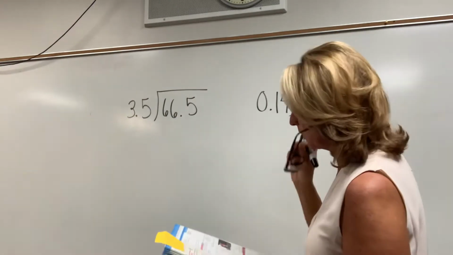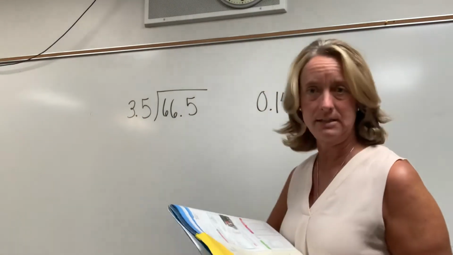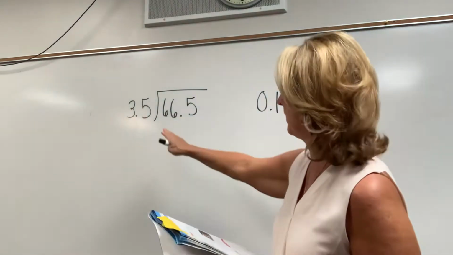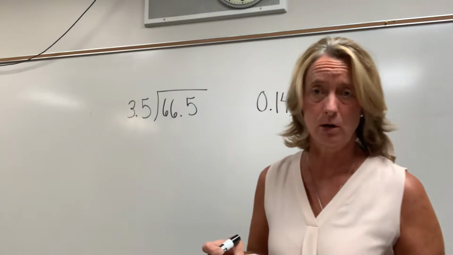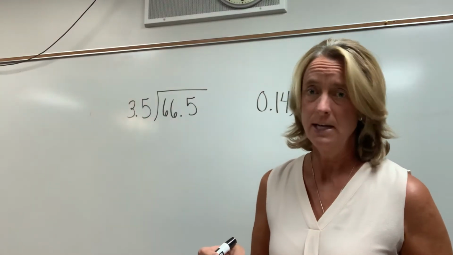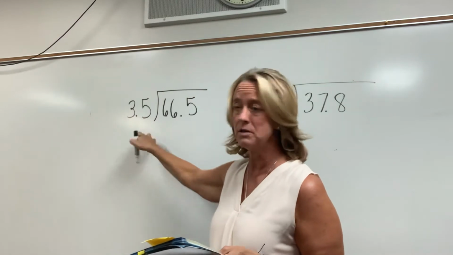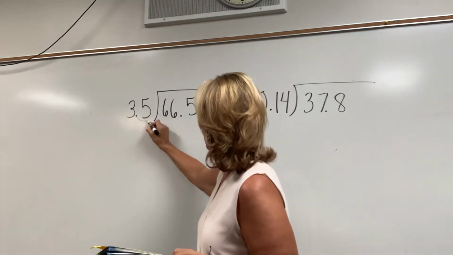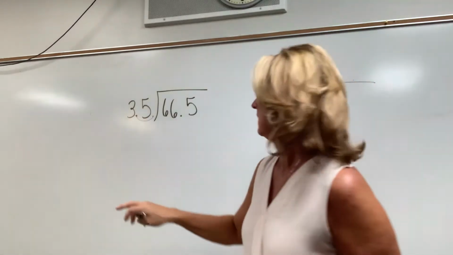So the first example we're gonna do is from page 55, and we have 66.5 divided by 3.5. So the main thing that you wanna remember when you're dividing by decimals is that you need to make this decimal a whole number. So in order to do that, you need to move the decimal point one place to the right so that it's now 35, okay?